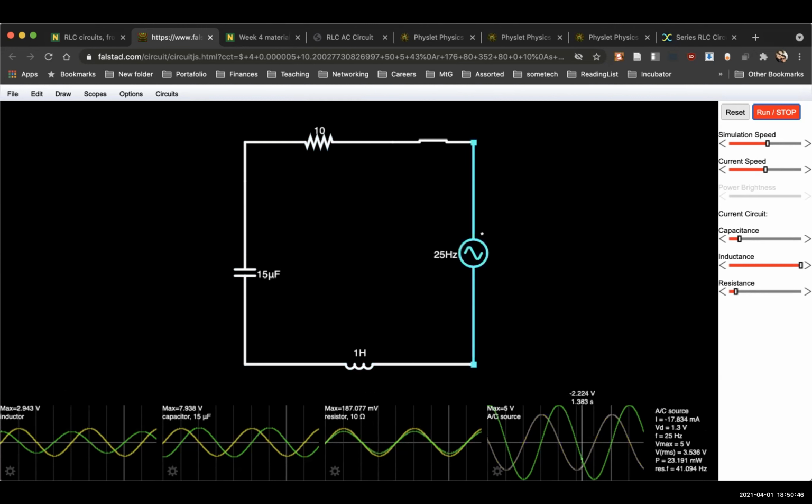And that at 1.37 seconds, it appears that the source also has a maximum, which I guess is interesting enough, but also the current response.